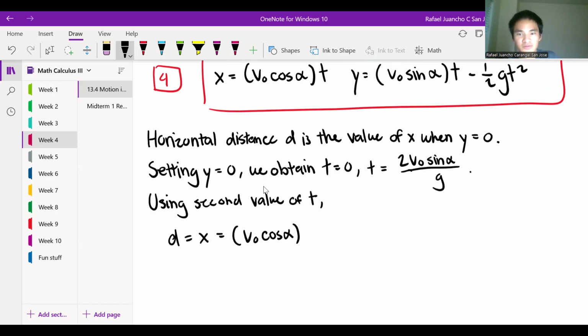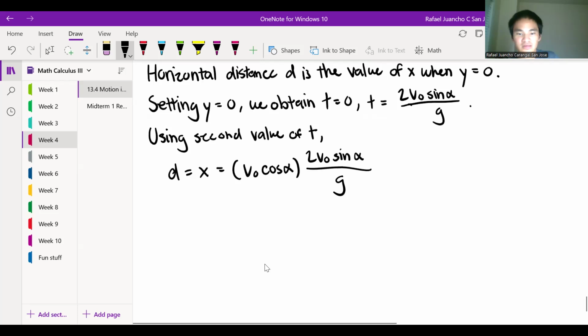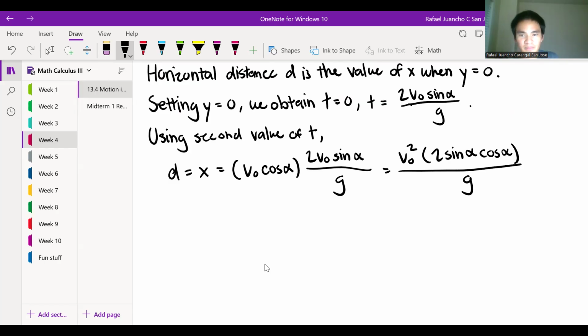And we multiply it to our t, so 2v naught sine alpha over g. And then from there, we get v naught squared, because we're multiplying these two. And we also get a sine alpha cosine alpha. So we have 2 sine alpha cosine alpha. We divide that all by g.